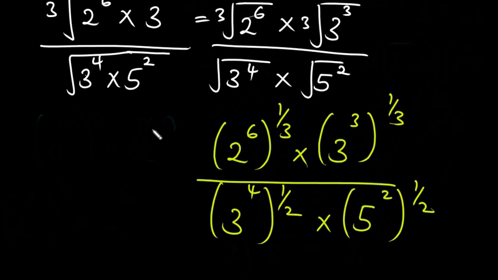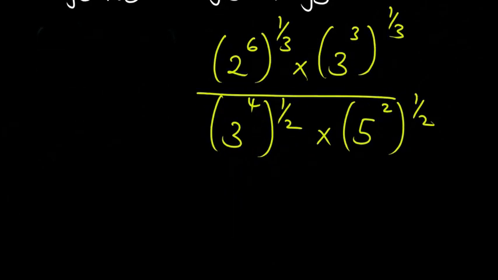Now, following the same law, we can multiply 6 by a third. So this is going to give us 2 raised to 6 times a third, so by 3, 1, by 3 it's 2. So it's going to be 2 squared, and then times 3 times a third, so it's going to cancel, and we're going to have 3 raised to power 1.